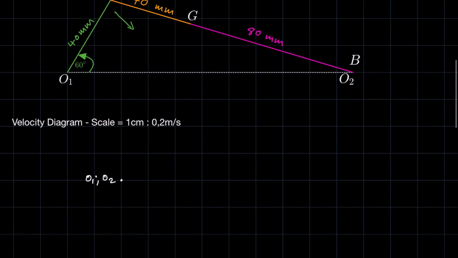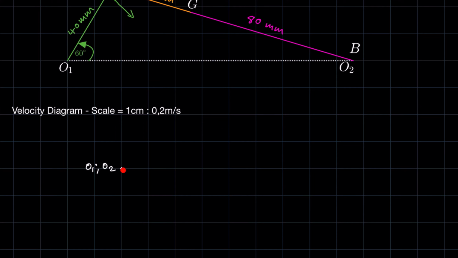Now, we already have a point that represents O1. And having to draw the tangential velocity VA, we know VA is going to pass through this point.